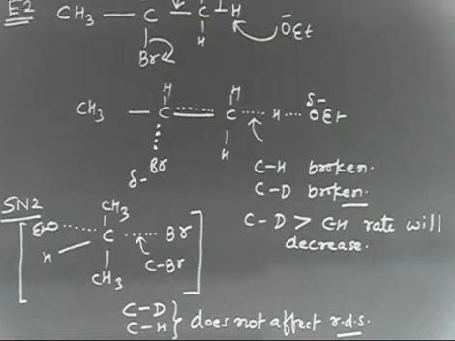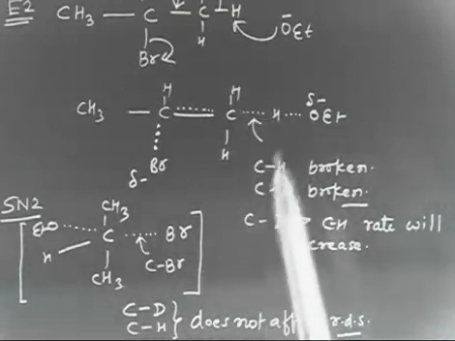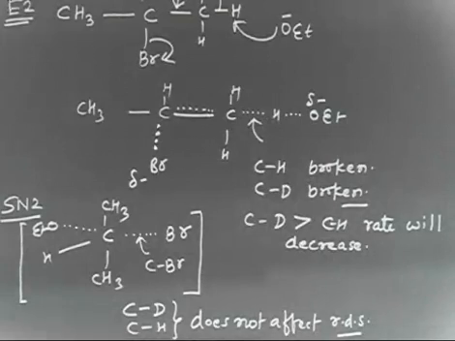It only depends upon the temperature and experimental conditions. If you change the experimental conditions, you will have more substitution or more elimination product. Now if I change the carbon hydrogen to carbon deuterium bond, the SN2 product increases, because the carbon deuterium bond does not come into the SN2 mechanism. It comes into the E2 transition state, because there I have carbon hydrogen that I can change to carbon deuterium. Are you getting or not?